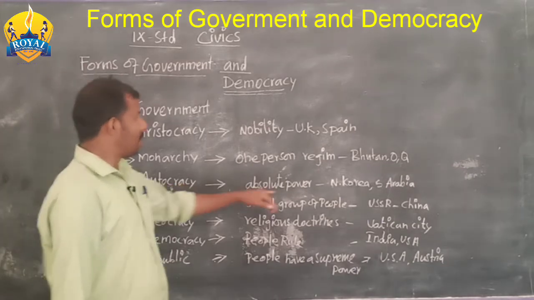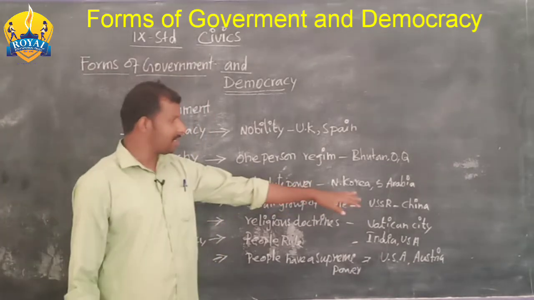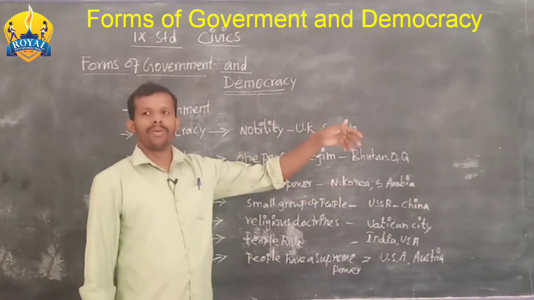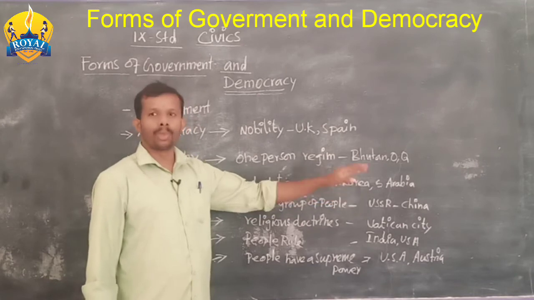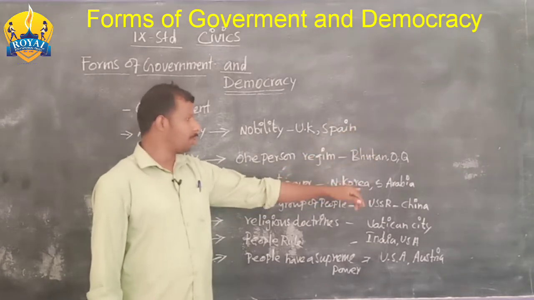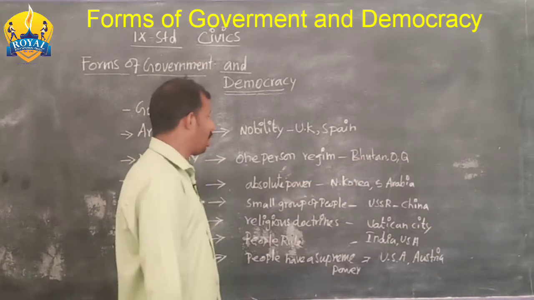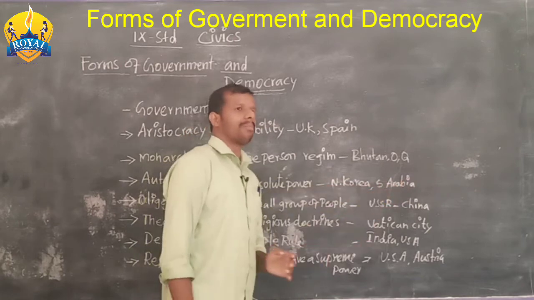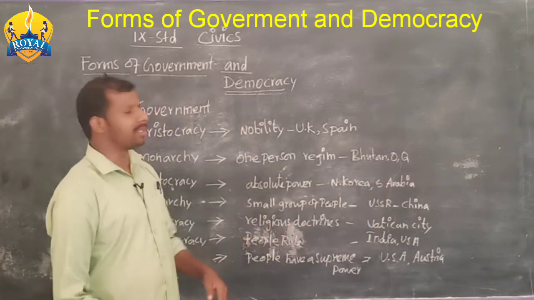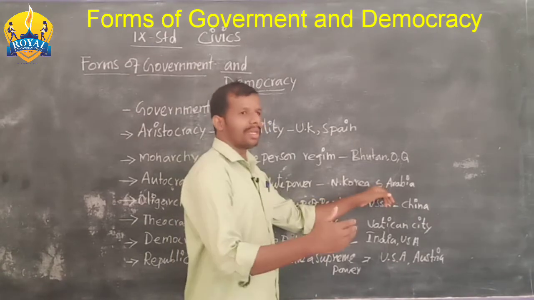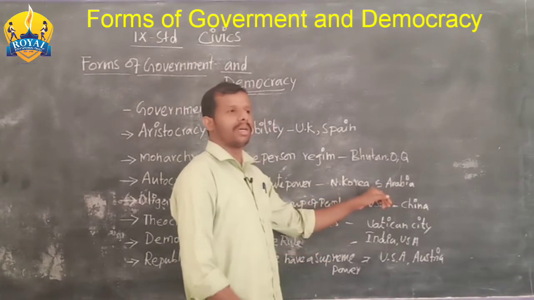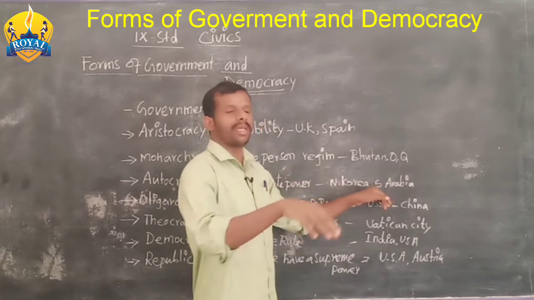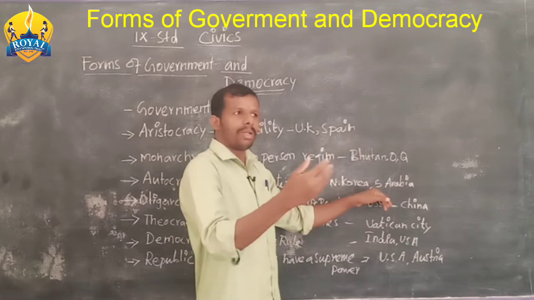An example of autocracy is North Korea. Yes, recently North Korea is very popular regarding its ruler. Yes, Kim Jong-un is the ruler of North Korea. Another example is Saudi Arabia. But Saudi Arabia is different. Nowadays Saudi Arabia is relaxing several of its rules and regulations. Yes, women are also getting voting rights, and they are able to get a driving license.